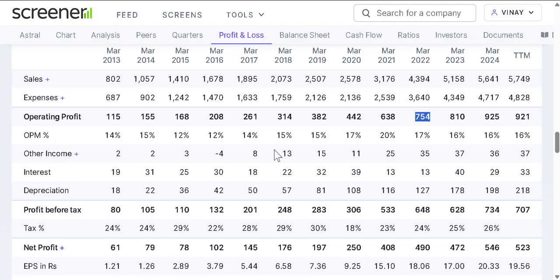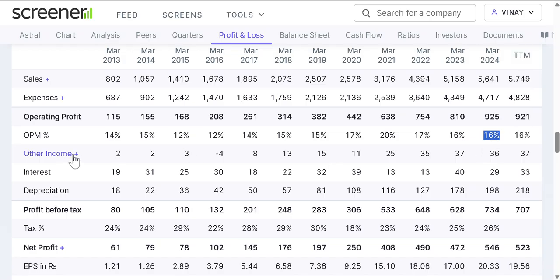Now there are two types of operating profit. One is EBITDA, one is EBIT. So if you see, this is interest and depreciation. So if you see this, say this latest year, 925 crore, after reducing all the expenses, the margins are 16%. This is operating profit margin.